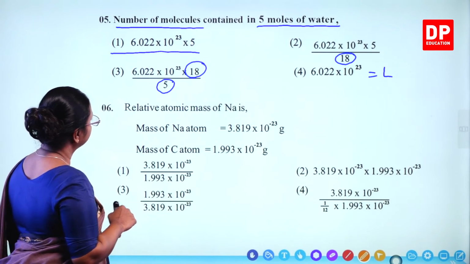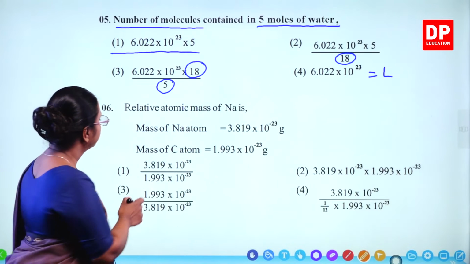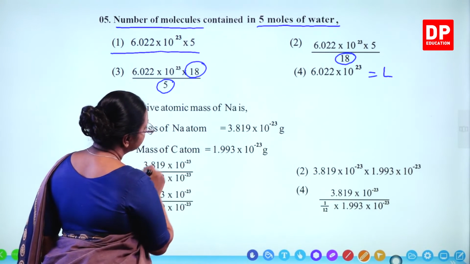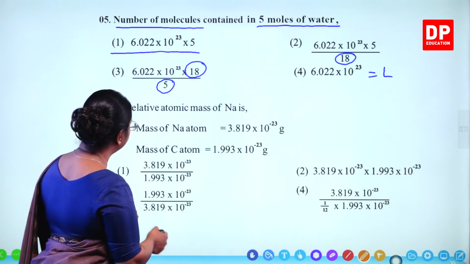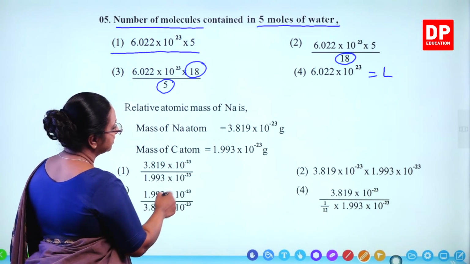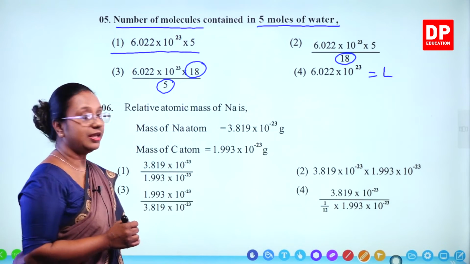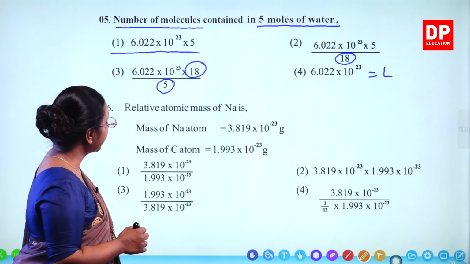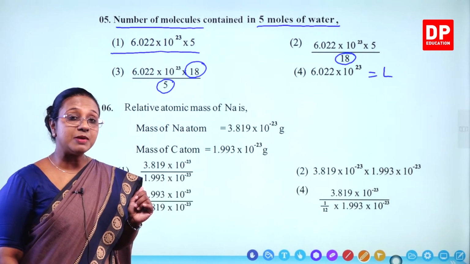Then the sixth one, relative atomic mass of sodium. For that they have given mass of sodium atom 3.819 into 10 to the minus 23. Mass of carbon atom 1.993 into 10 to the minus 23 grams. So the values are given to you. How do you find the relative atomic mass?